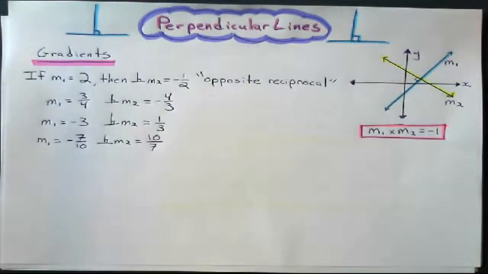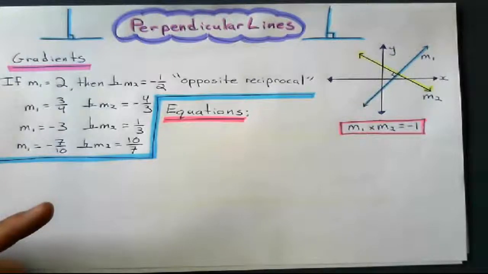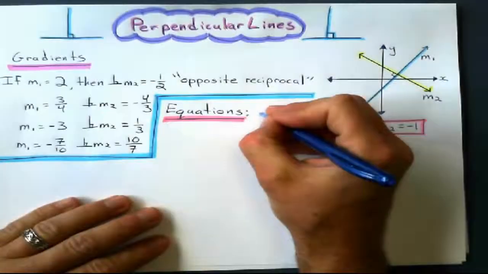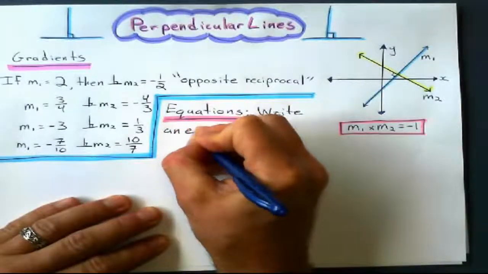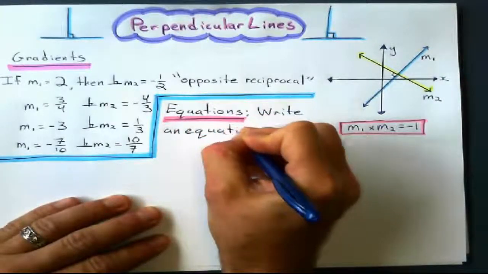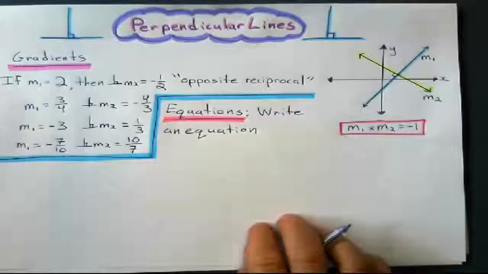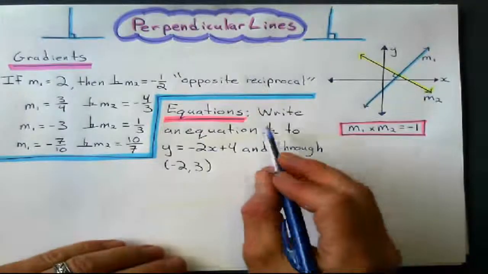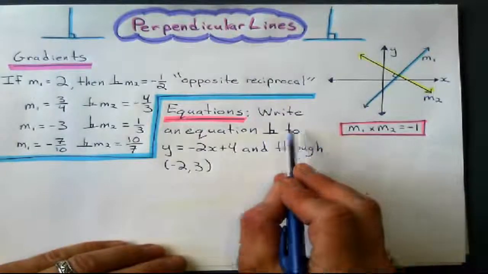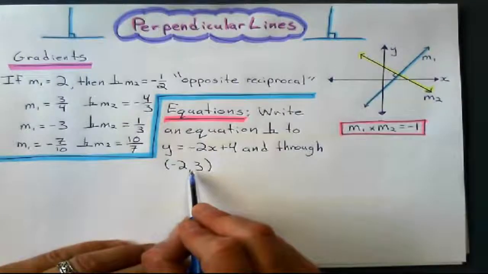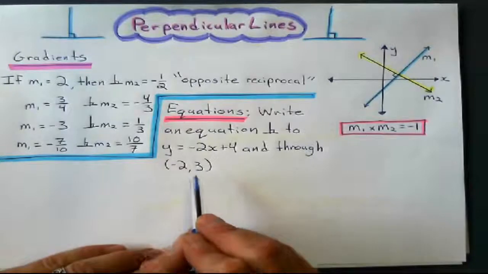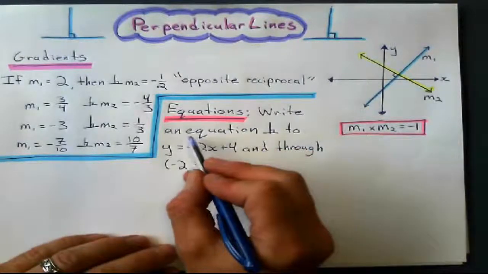Okay, now let's look at how to write an equation. This is the real deal here. Write an equation perpendicular to y = -2x + 4 that goes through the point (-2, 3). Anytime we see the equation bit, we need a gradient and we need a point.